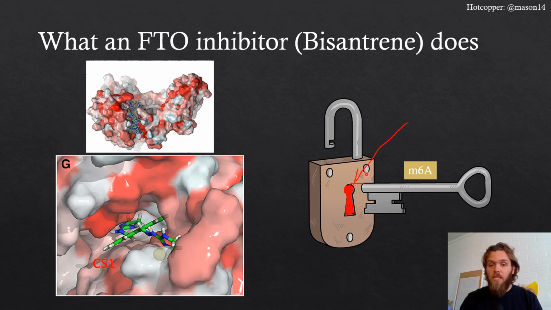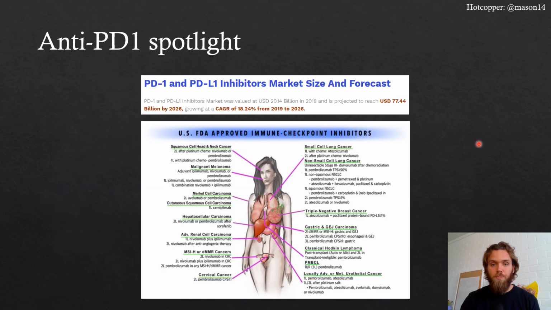So that's pretty much it. It binds into the catalytic pocket and prevents the FTO protein binding to that M6A, and then there's a downstream effect that influences the expression or production of genes, which influences proteins, which influences cell function. But I'll expand on that in a little bit.